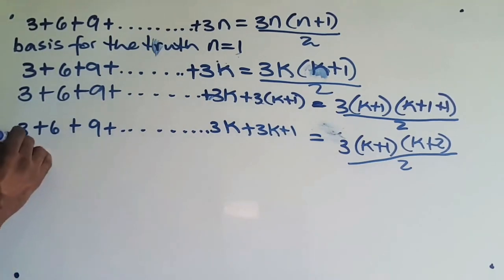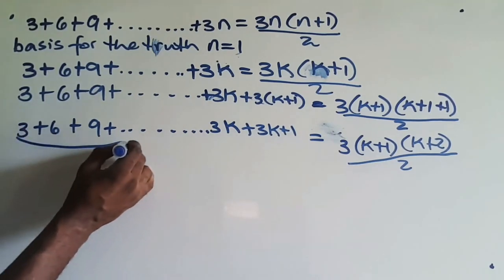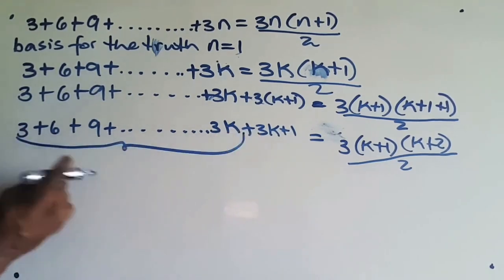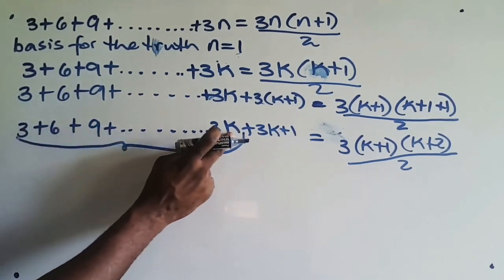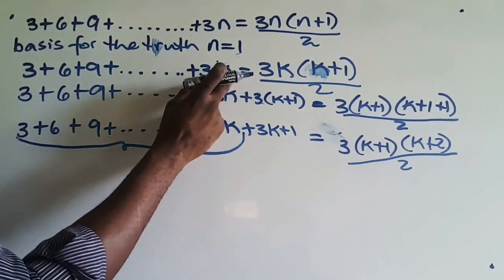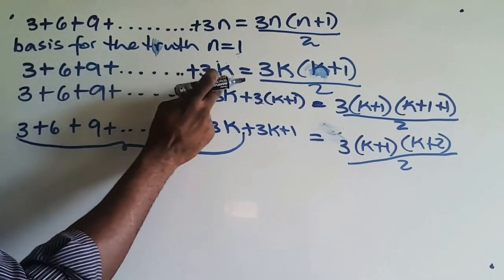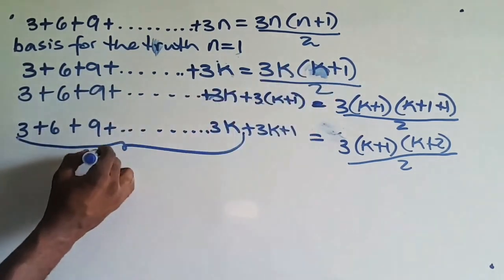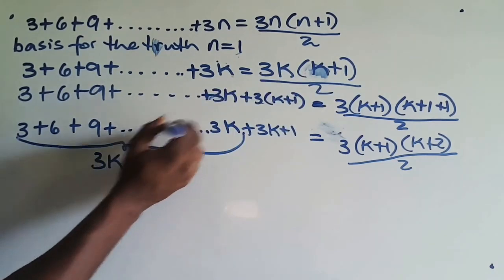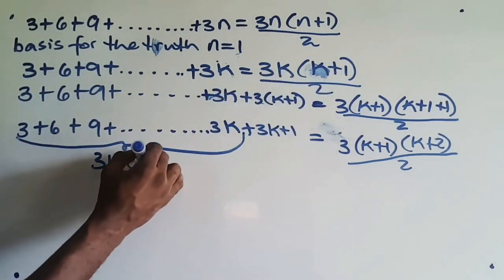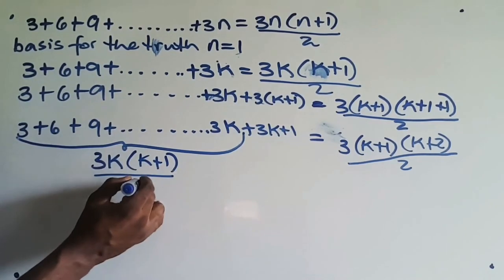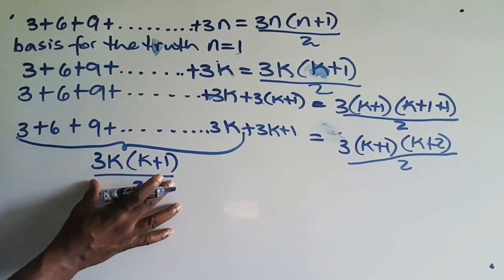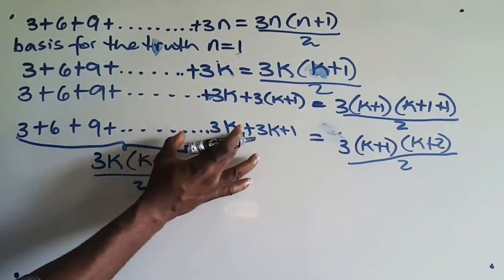But what we do notice is that on the left side here, all of this, from the 3 adding up to the 3 plus k, we had that already. All of this up to 3 plus k is equal to 3k times k plus 1 over 2. We already know this. All right, up to this part.